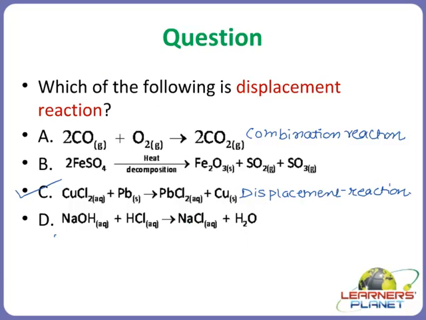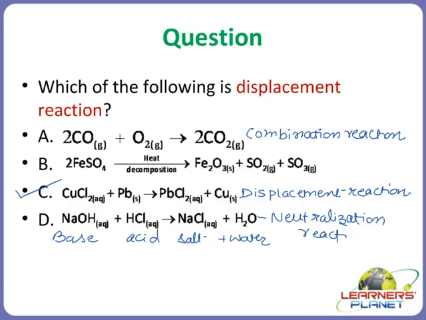So it is a base plus an acid giving salt plus water. So what type of reaction is it? It is a neutralization reaction. So what is the answer of this question? It is C.